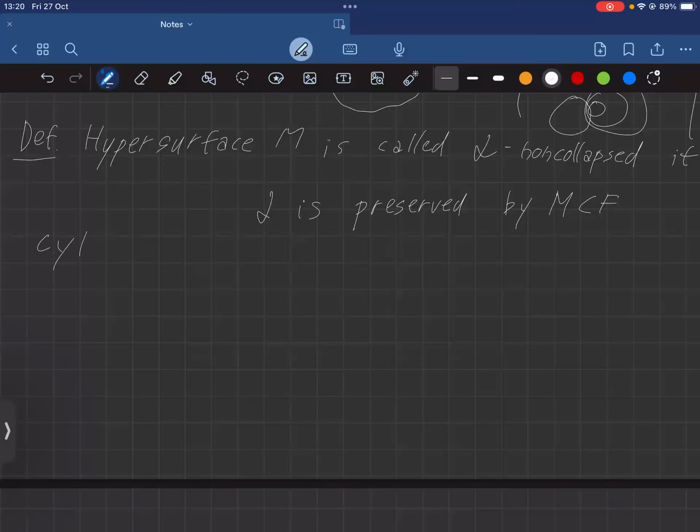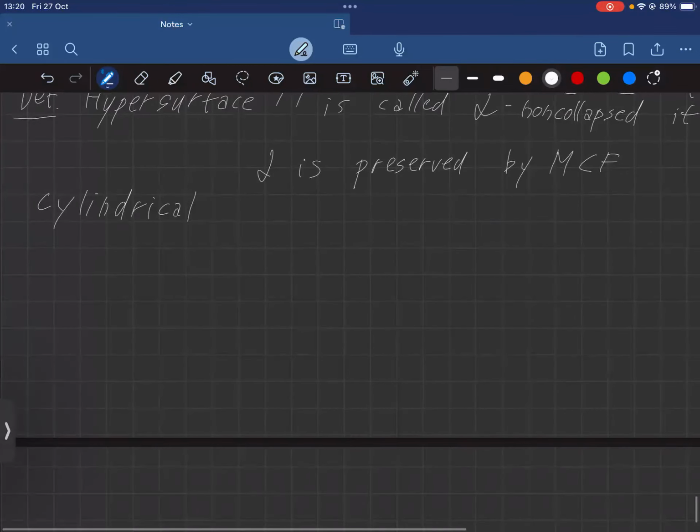So something similar to the cylindrical estimate that was proved by Vishnu, I believe two seminars ago.